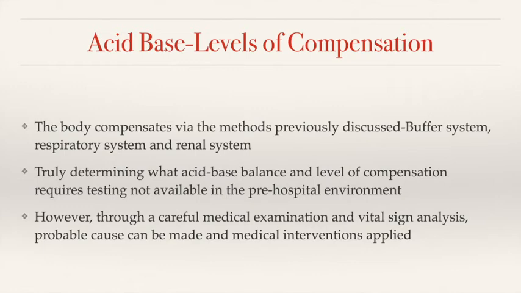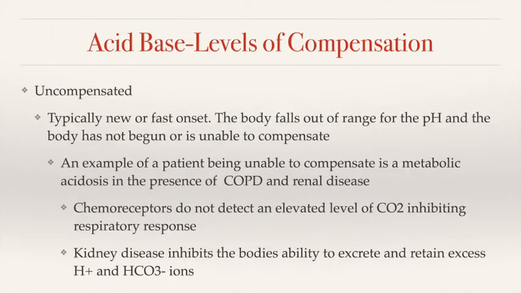Now we're not truly going to be able to understand at what level of compensation our patients are at because that requires testing that frankly is not available in the pre-hospital environment, and it's not practical for us to be doing that. However, through careful medical examination and vital sign analysis, we can determine that our patient is in an acid state, and we can apply medical interventions as needed.